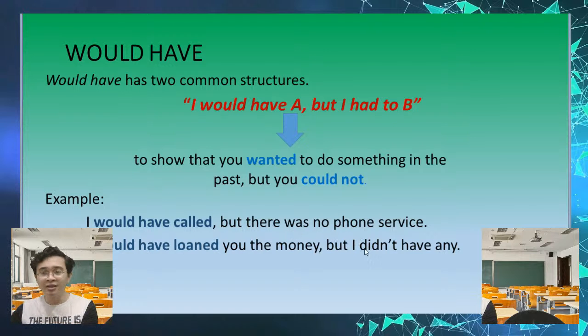And for didn't have, it is also expressed in the past. So it means we use would have to talk about a past situation. And remember, you had no choice. You had no other alternative, but you wanted to do it, but you couldn't do it. So we use would have PP there. Okay?